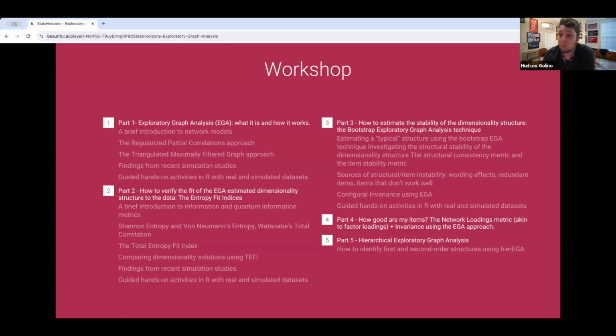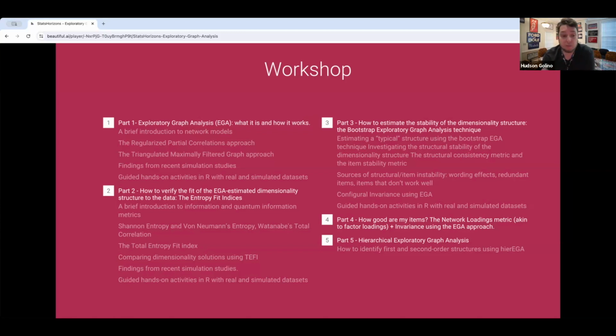To talk about TEFI, we're going to make a very brief introduction to information and quantum information theory and metrics. We're going to talk about channel entropy and von Neumann's entropy, Satoshi Watanabe's total correlation, to introduce the Total Entropy Fit Index, and how we can compare different dimensionality solutions using it.